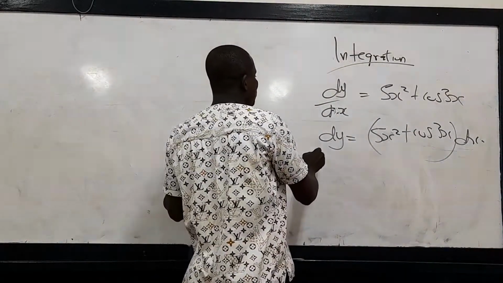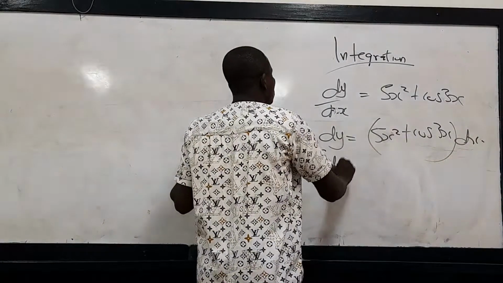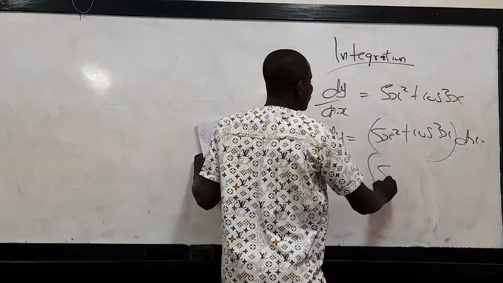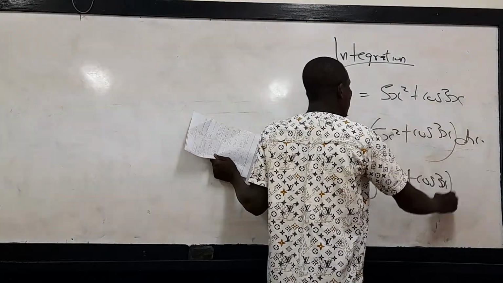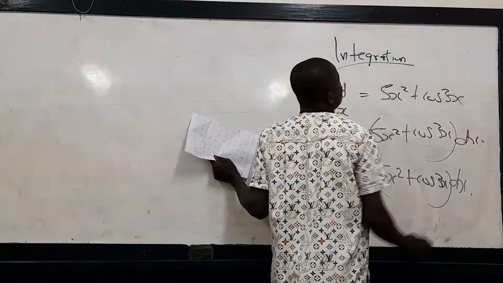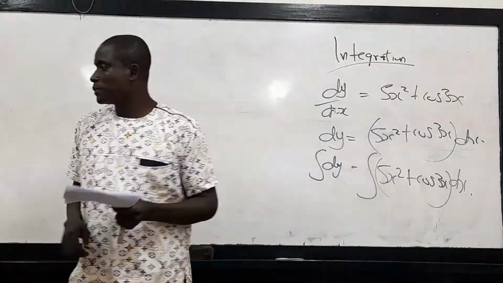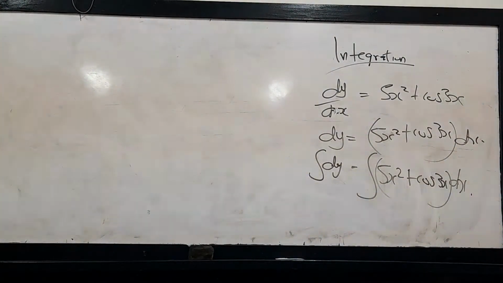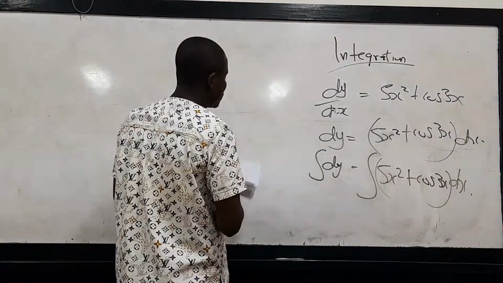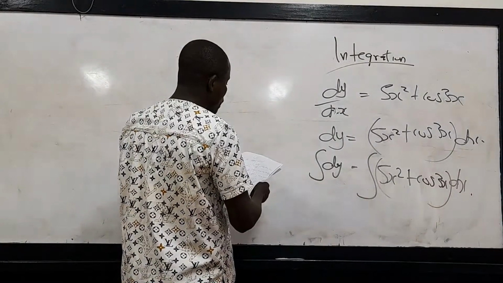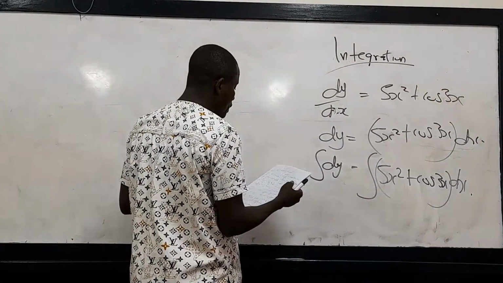So we can integrate both sides by saying that the integral of dy is the integral of 5x squared plus cos 3x dx. So over here, we want to integrate both sides, and in integrating both sides, we are going to have a very nice expression.